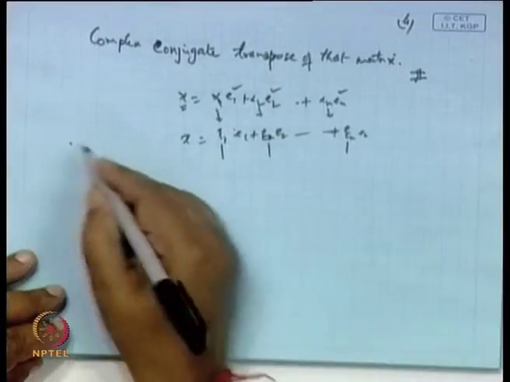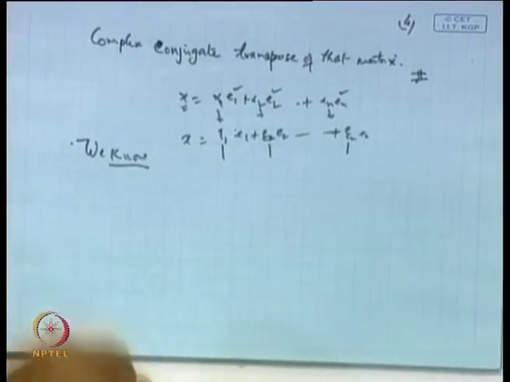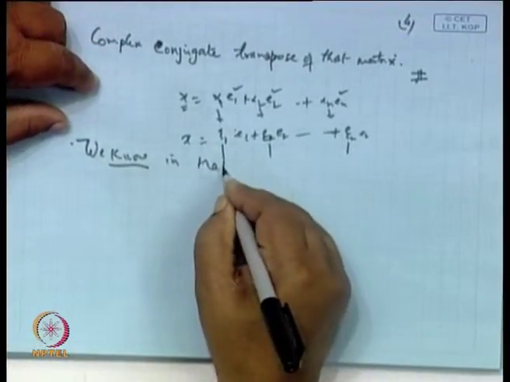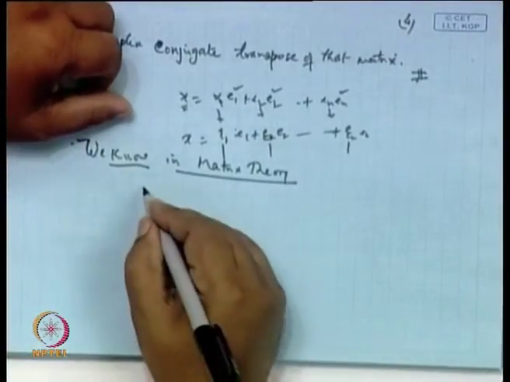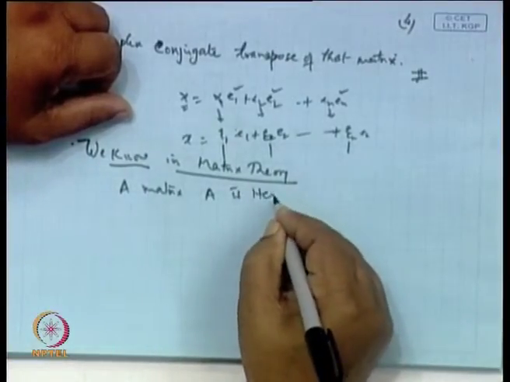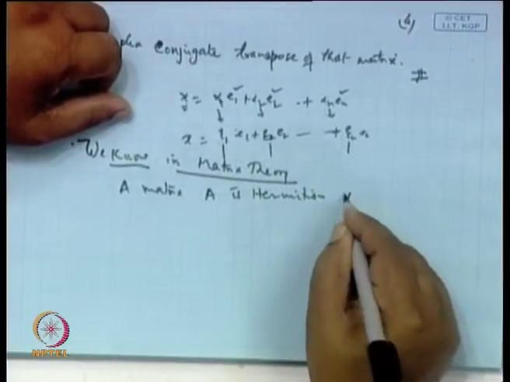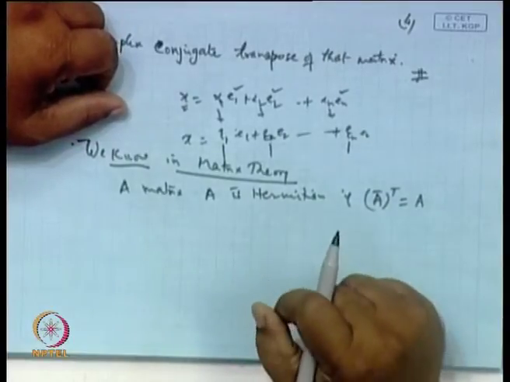Now let us see the relation again further. We know in matrix theory, if you remember, we say a matrix A is Hermitian if the conjugate transpose of this matrix coincides with A. Is it not?